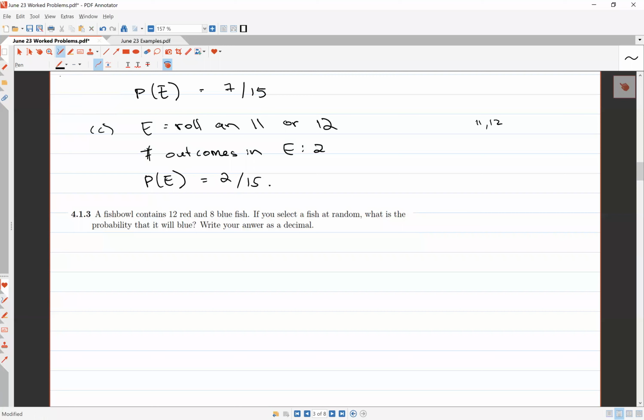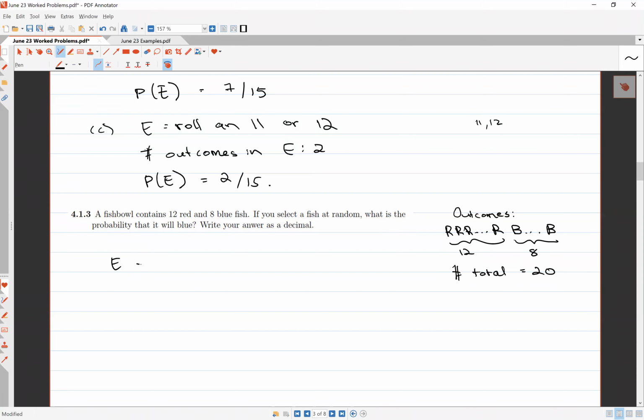So here, you can go and list the outcomes again. And what you'll see here is, there are 12 different red fish and 8 different blue fish, so 20 outcomes in total.